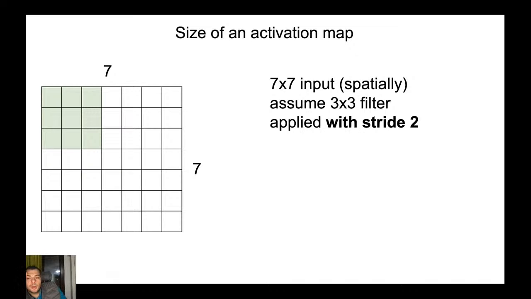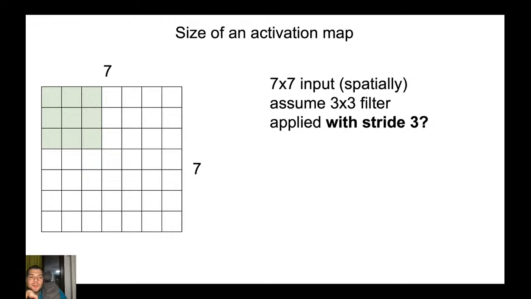So here, if we use stride 2, it means that we skip 2 pixels, and then we apply the filter again, and then we skip another 2 pixels and we apply the filter again. So in this case, the filter is applied 3 times, so the corresponding output will have 3 by 3 pixels.